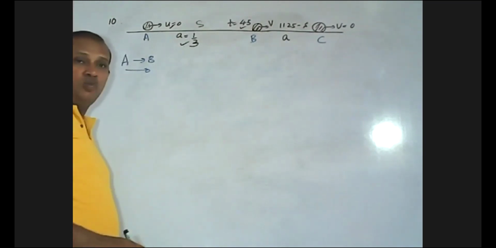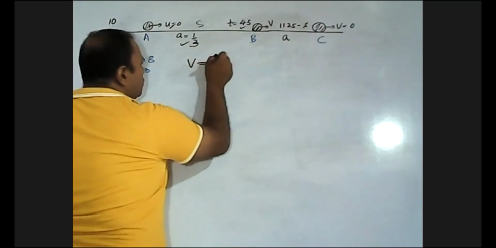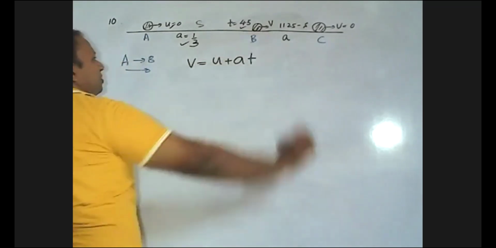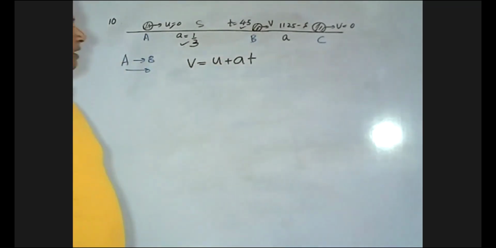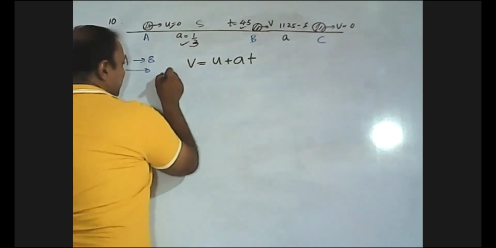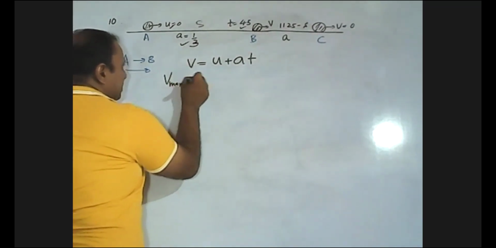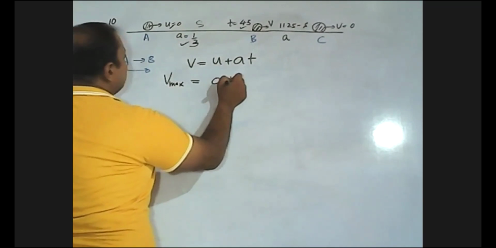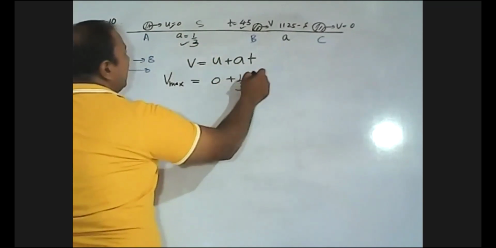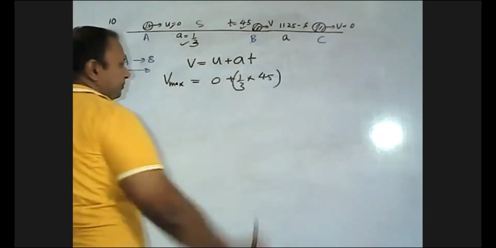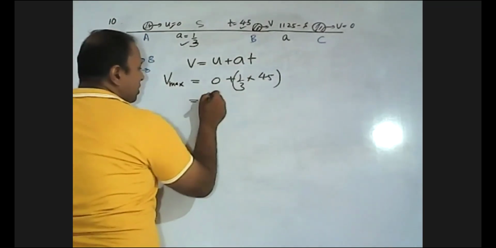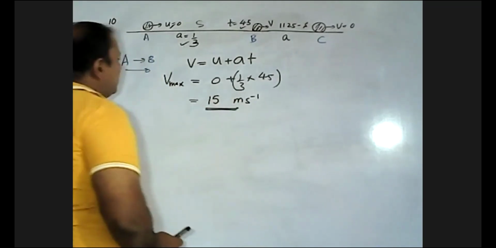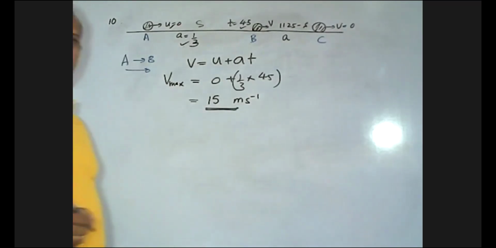You can easily use V equals U plus AT, because you know U, A and T. So V is equal to U, which is 0, plus A, which is 1/3, times time, which is 45. So V is 15 m/s, which is the maximum velocity.